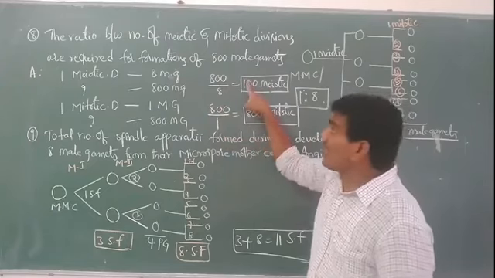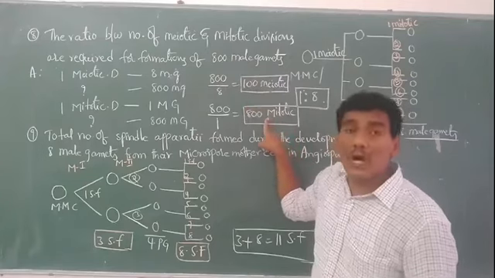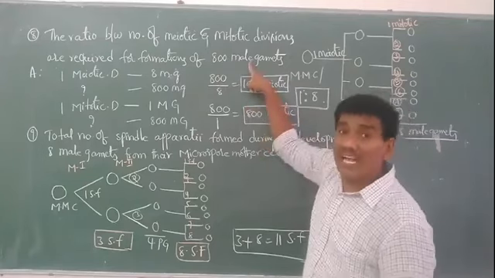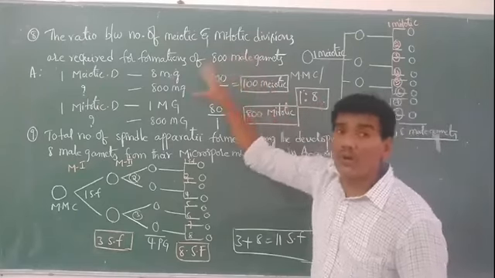The ratio between meiotic and mitotic divisions for the formation of 800 male gametes is 1:8. This is the 8th problem.